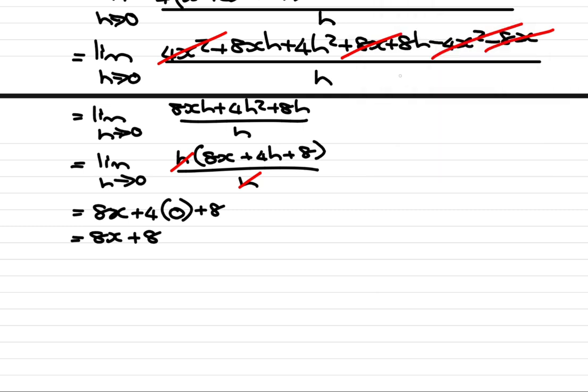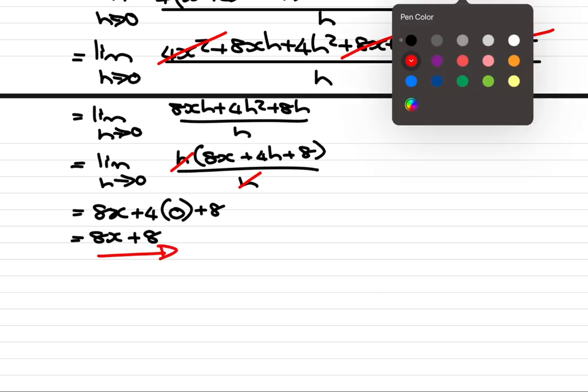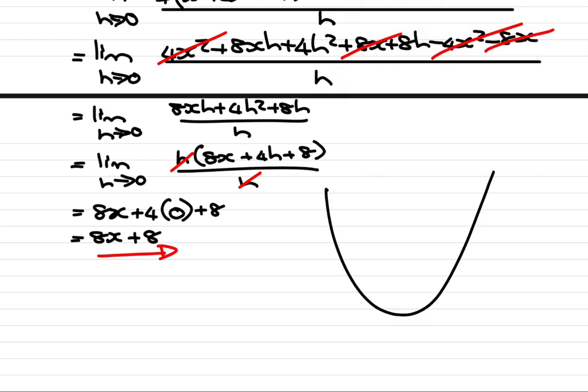So this would be my gradient, which I found using first principles. Now think of this: if I do have a parabola, my gradient at every single coordinate will be exactly 8x plus 8.